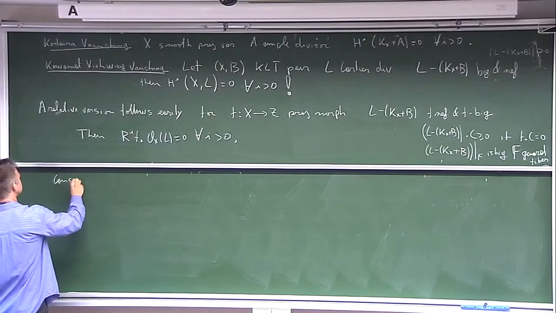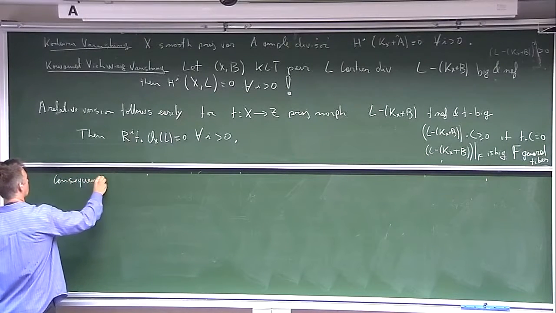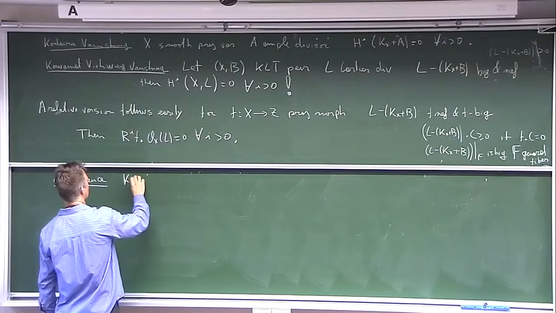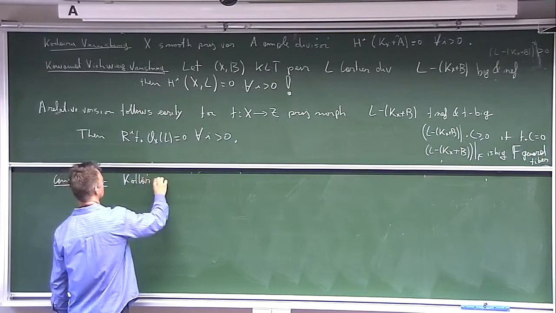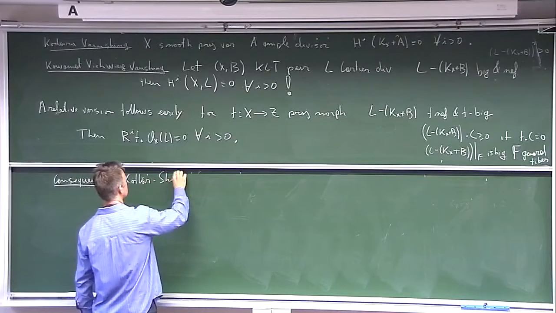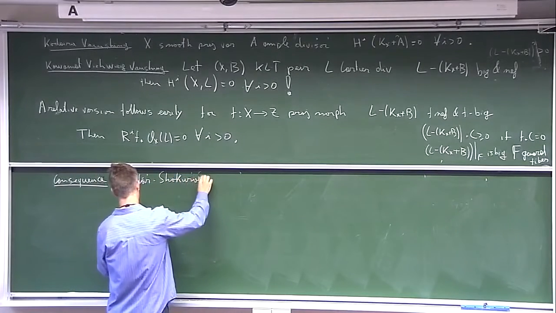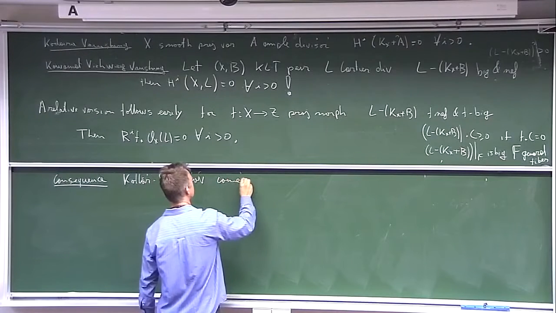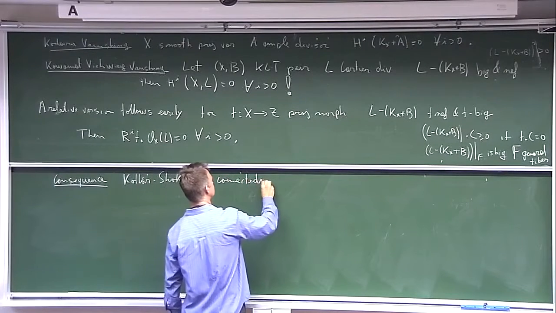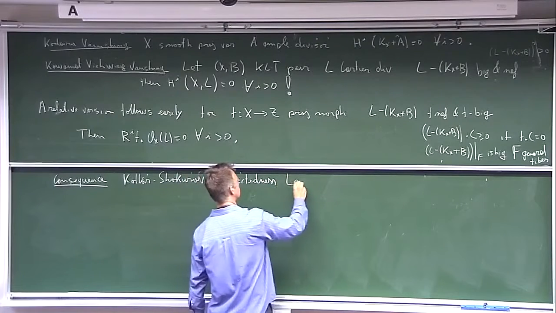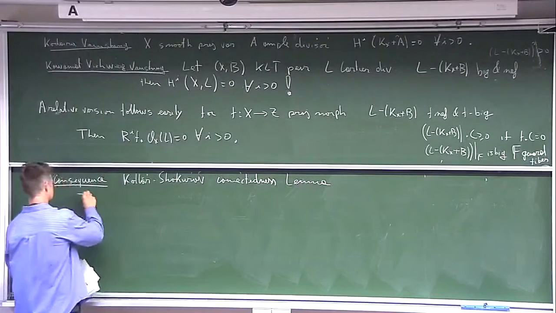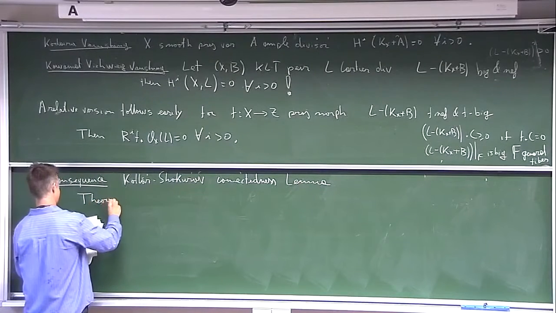There's a consequence of Kawamata-Viehweg vanishing, which is known as the Kollár-Shokurov connectedness lemma, or principle, I'm not sure, lemma. So let's state it as a theorem.